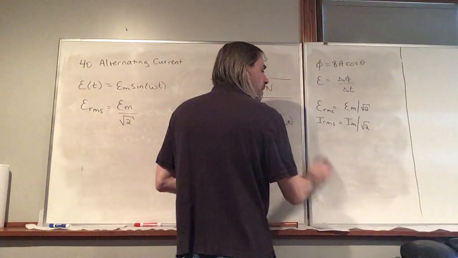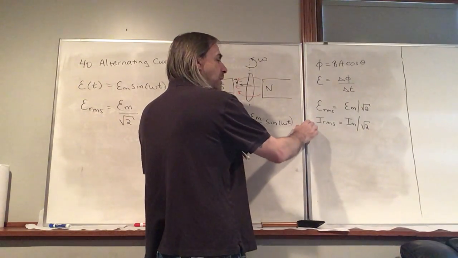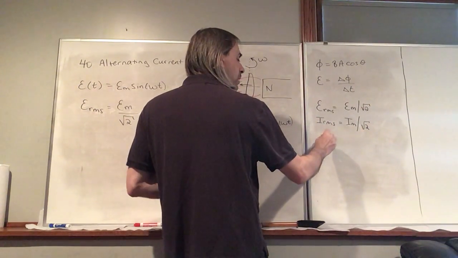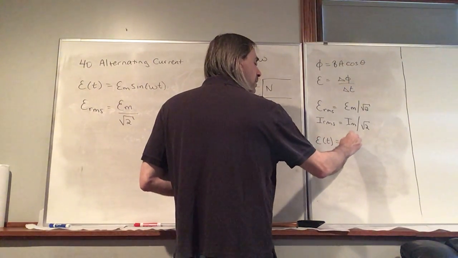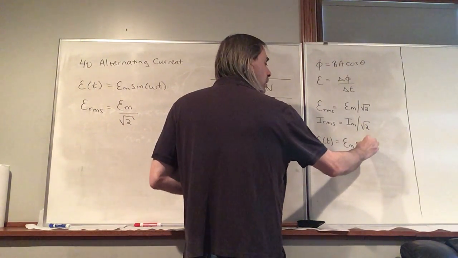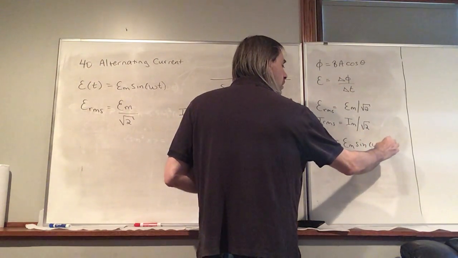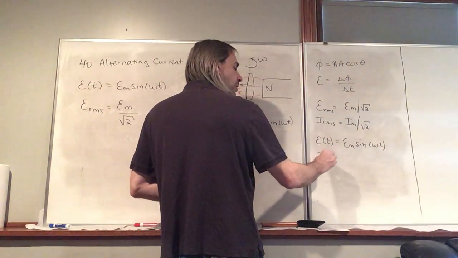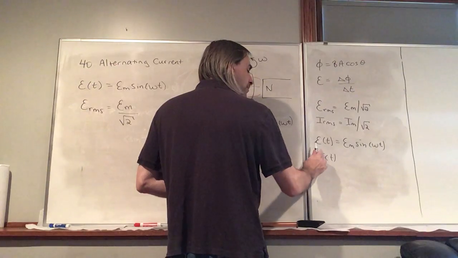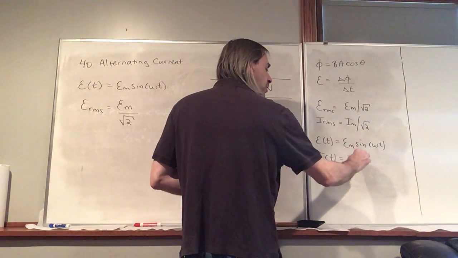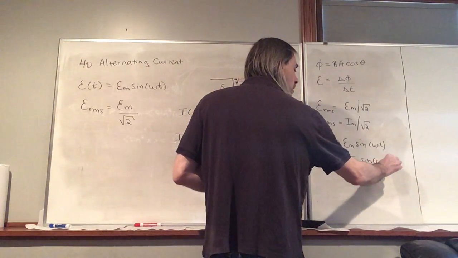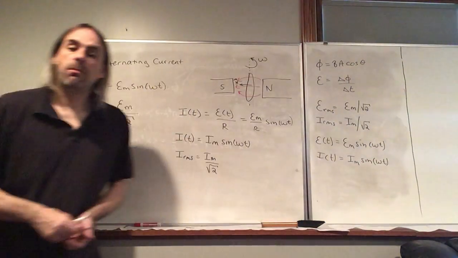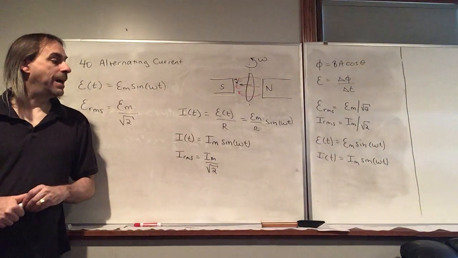Let me write down the equations for these as well. The EMF as a function of time and the current as a function of time are equal to the peak values multiplied by this sine function.